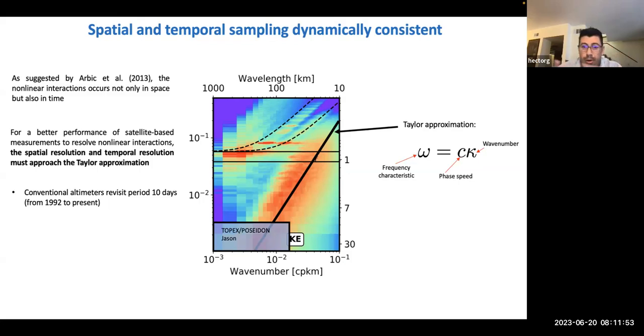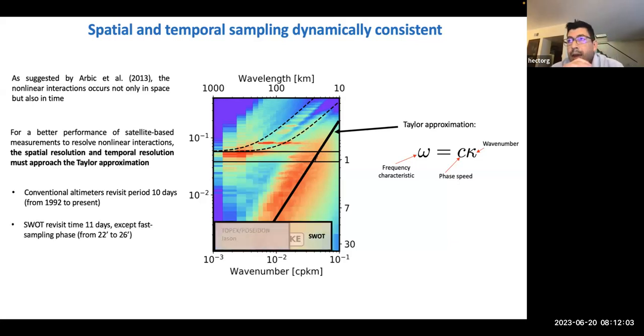That's why Topex/Poseidon was somehow useful, because its temporal sampling is consistent with the spatial resolution. Now in SWOT, except for the fast sampling phase, SWOT increases the spatial resolution, although the temporal sampling is not as good, so we may have a hard time with the interpretation of the kinetic energy fluxes.